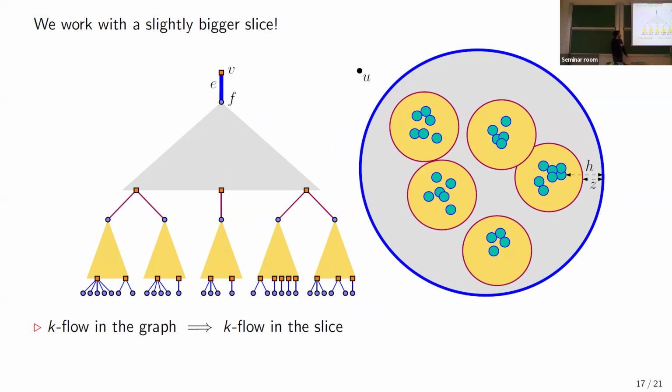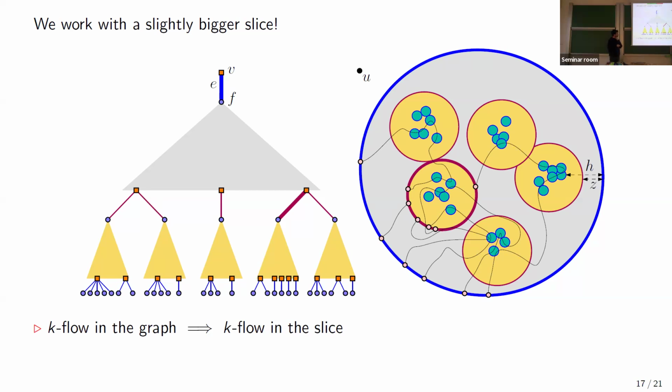split into two levels. The gray is the first level of my slice, and the yellow ones are the next level. So in fact, I look from this blue cycle down to these small cycles. This is my slice. But I also pinpoint some intermediate cycles here. Now, I still want to find a flow from this cycle to this red cycle.